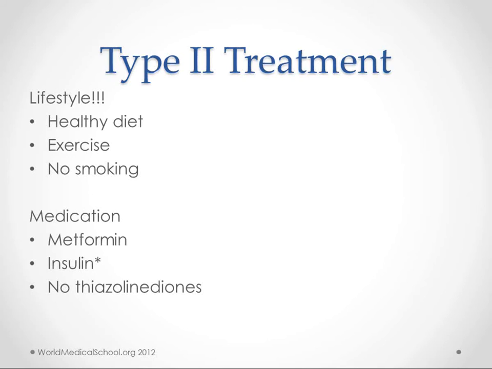You can totally get better from type 2 diabetes in kids. So this is on the parents and on the patient to change their lifestyle. If we can't control it, then we can use metformin, we can use insulin, but thiazolidinediones are not indicated, and I don't think sulfonylureas are either.